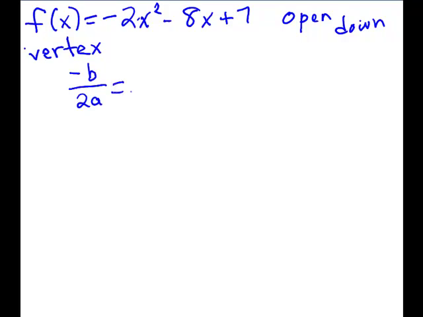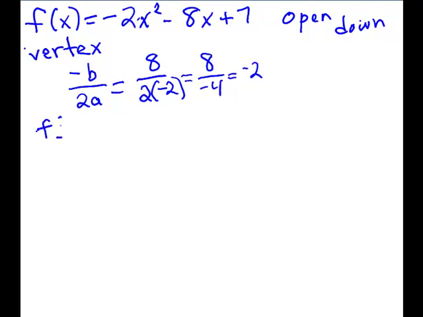So -b, b is already negative, so the opposite of that will be a +8, over 2 times -2. This gives us 8 over -4, which is -2.